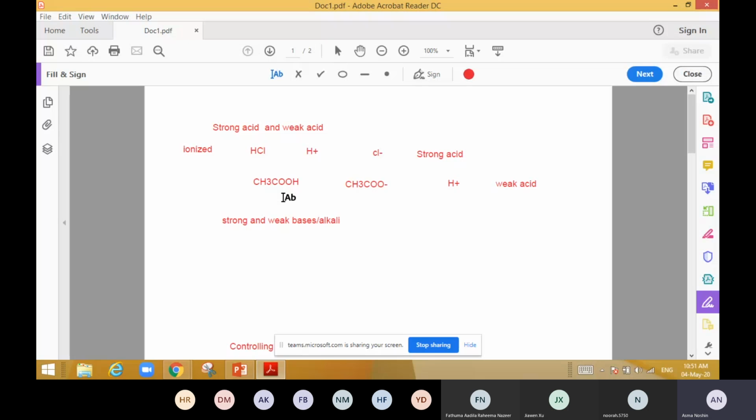Now, did you understand how to differentiate between strong and weak? If this type of compound comes to you, it cannot be completely cut off into two parts. It cannot go into positive and negative ions completely. So these types of compounds are weak.